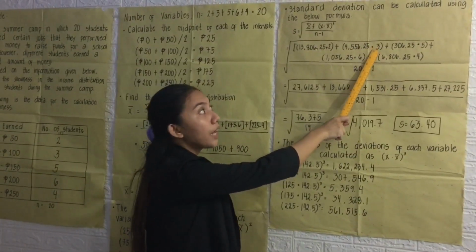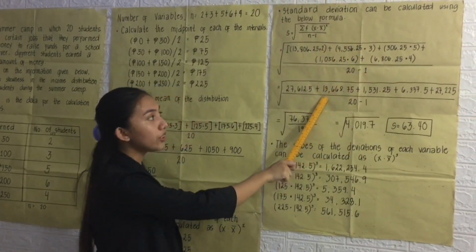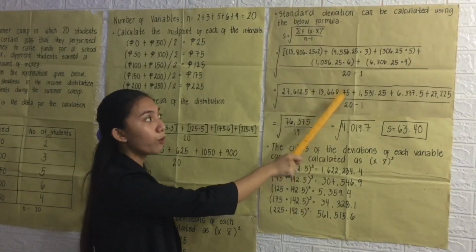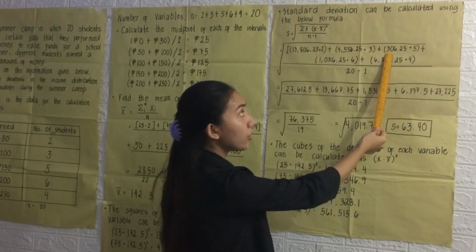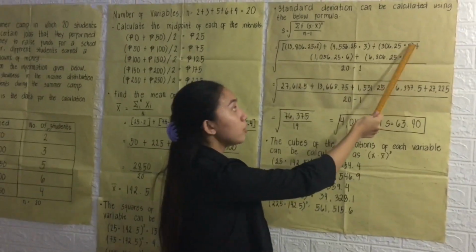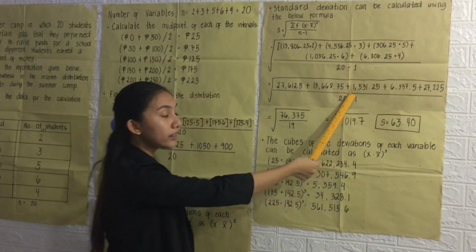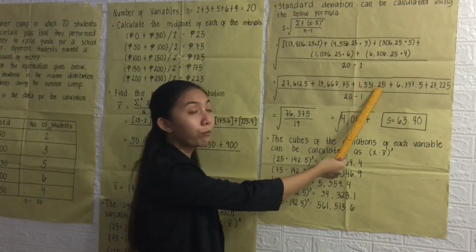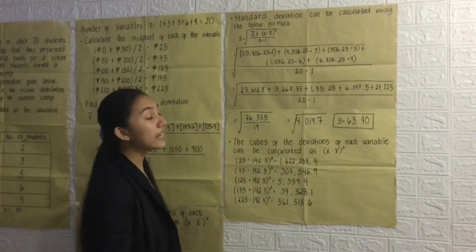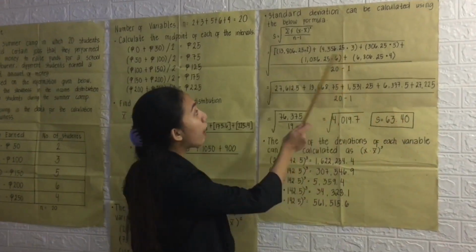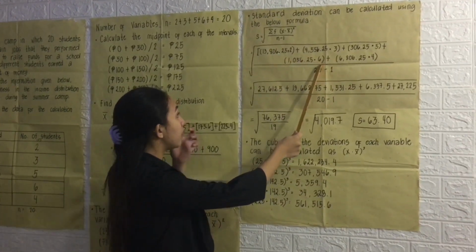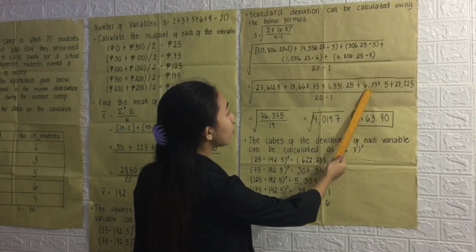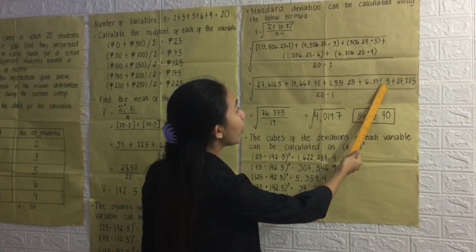The next one is we have 4,556.25 times 3 is equal to 13,668.75. And next we have 306.25 times 5 is equal to 1,531.25. The next one is we have 1,056.25 times 6 is equal to 6,337.5.